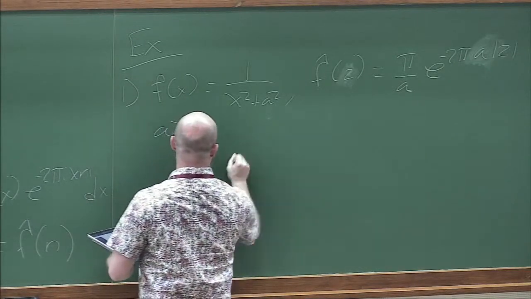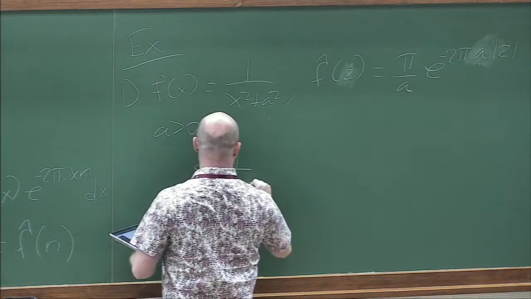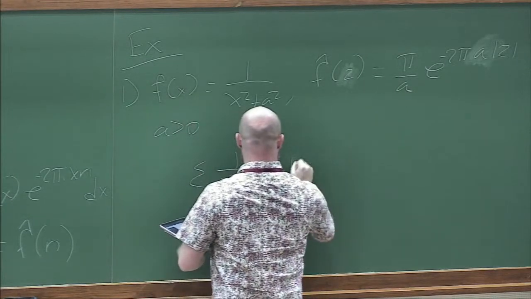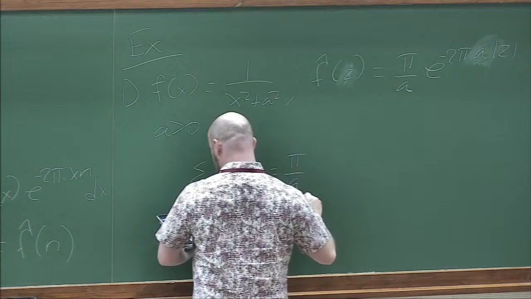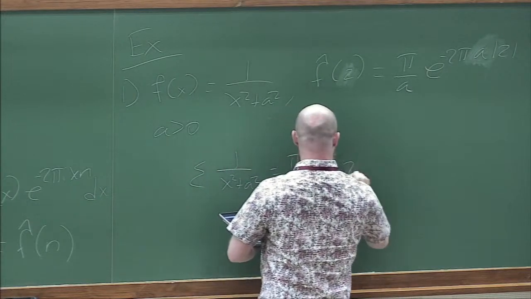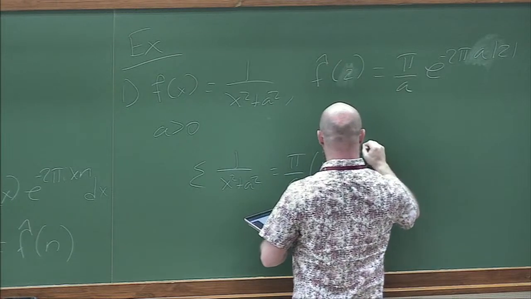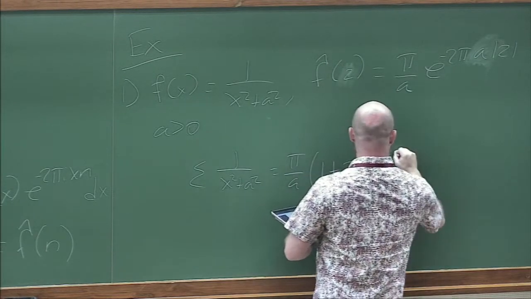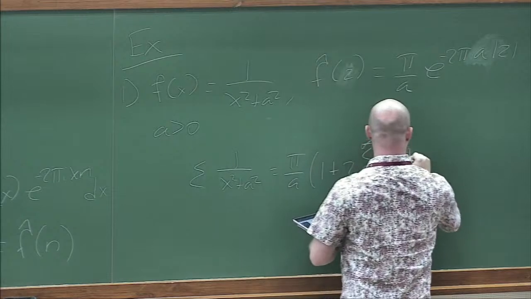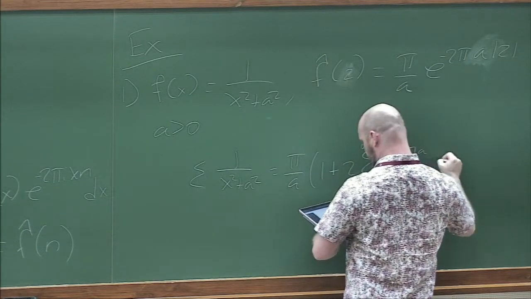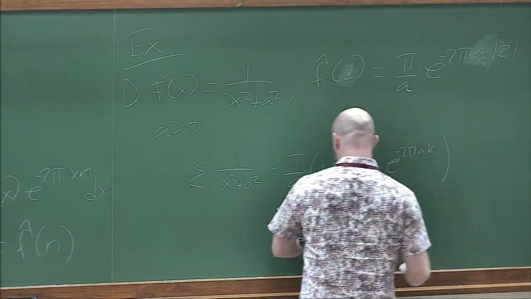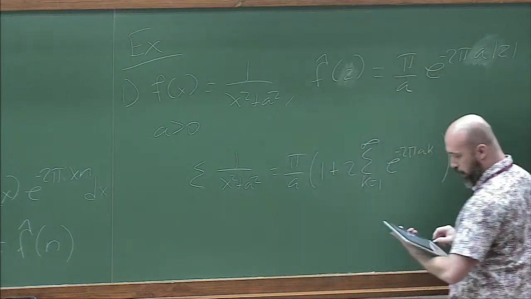The sum of 1 over x squared plus a squared is equal to pi over a times 1 plus 2 times the sum of k equals 1 to infinity of e to the minus 2 pi a k. And this is known as the cotangent identity.